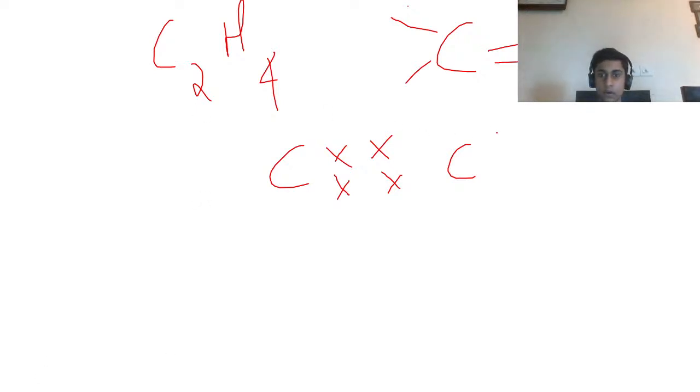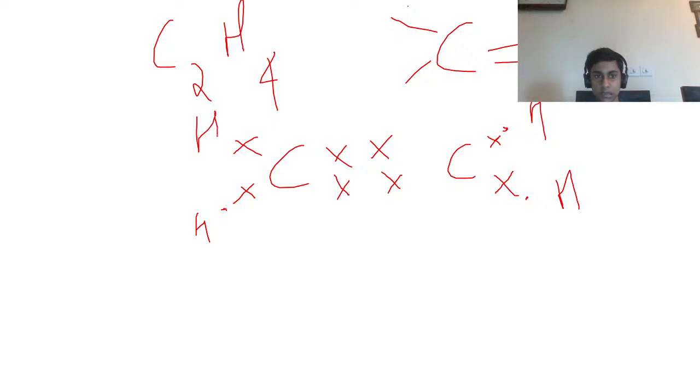Now we saw that if this is like this, carbon would have electrons like this, so this would be 4. Now we can draw the dot and the hydrogen, dot and the hydrogen, dot and the hydrogen. It would be exactly symmetrical, because most organic compounds are symmetrical.